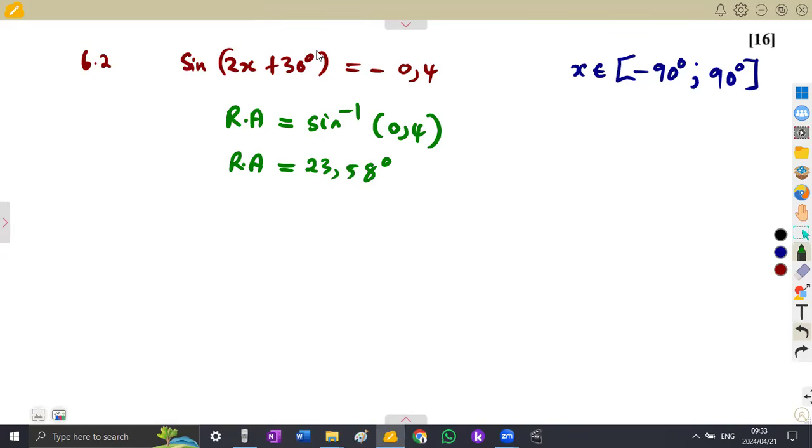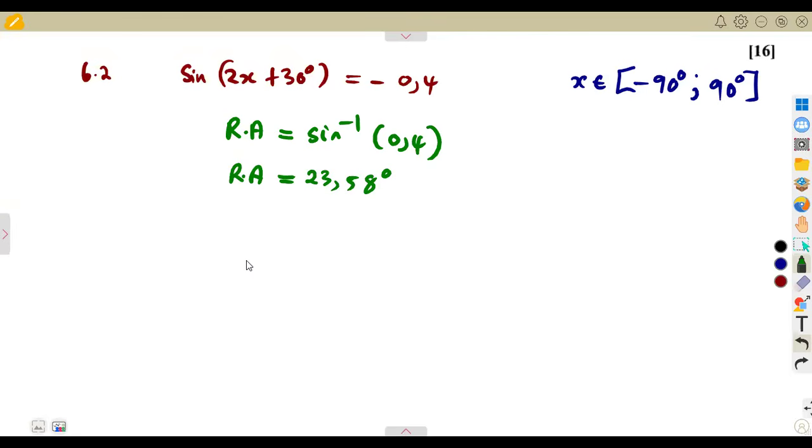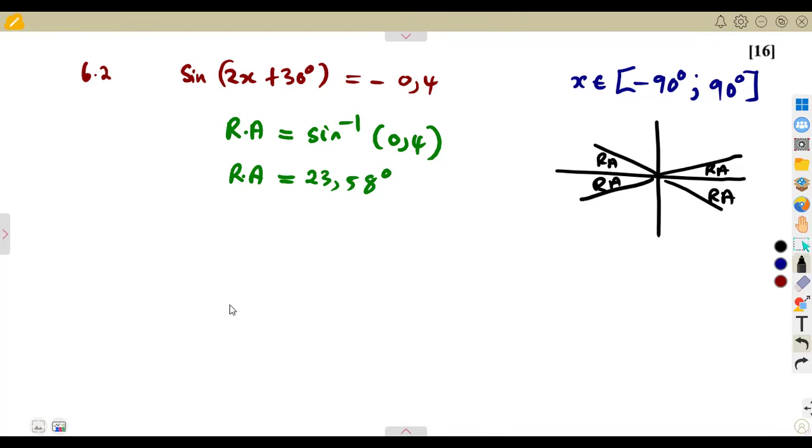So the reference angle now is found in each and every quadrant. In the first quadrant, remember I said there is a reference angle. In each and every quadrant that you have, there is a reference angle.